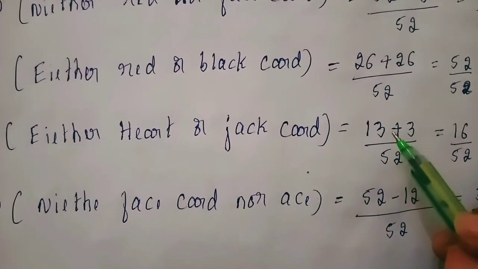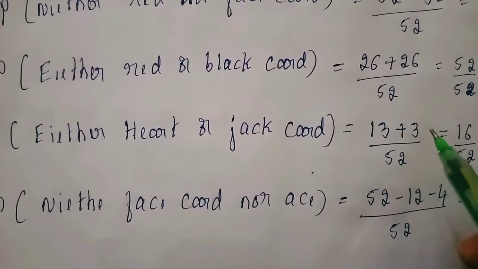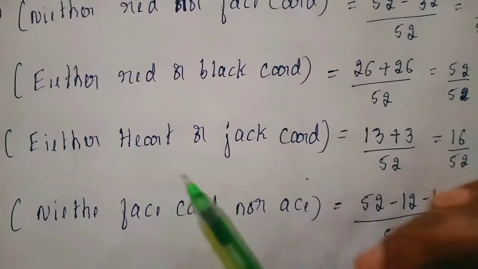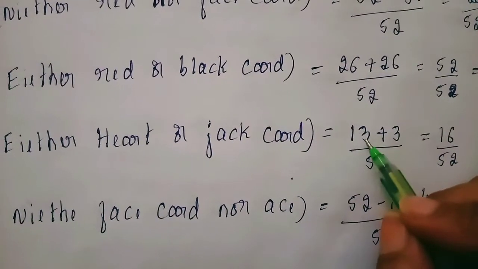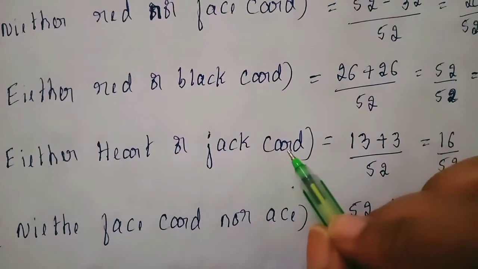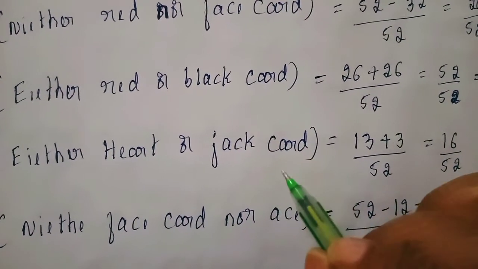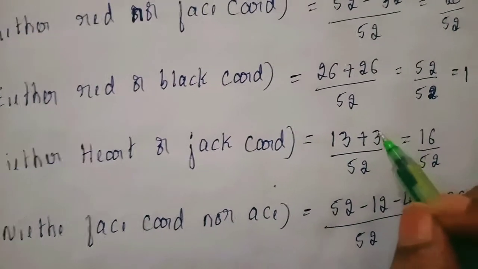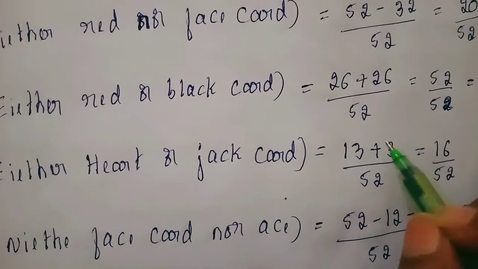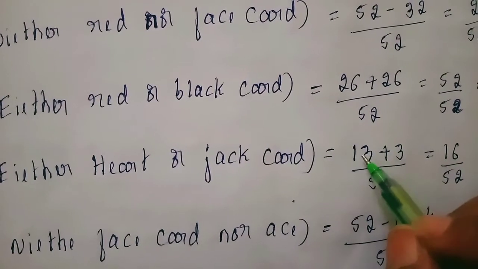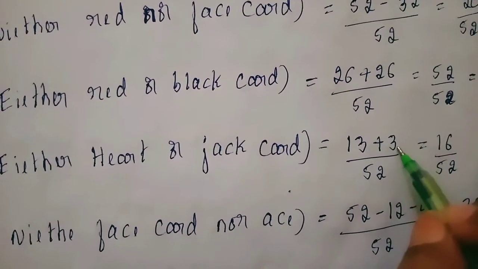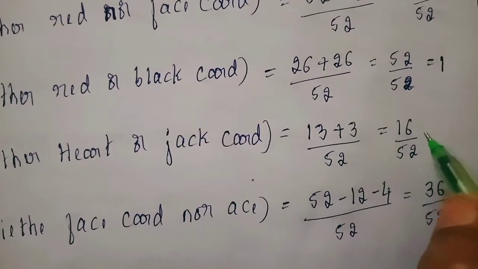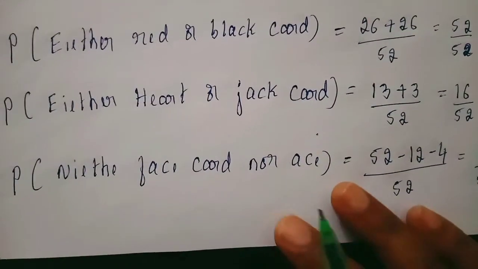Jack cards, how many jacks you have? 4 jacks. Concentrate. Either heart or jack card. First you write this heart. How many hearts you have? 13. How many jacks you have? 4. Means in each symbol you have 1 jack. But I have added here 3. Why? Because 1 jack of heart is already added in 13. So you have to add the other 3. 13 plus 3, that is 16 by 52.